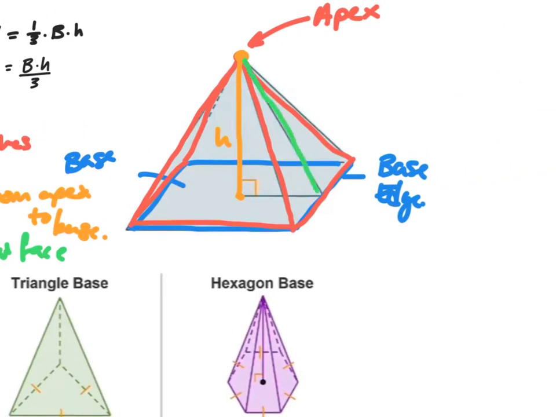One thing to notice is that there is a right triangle created with the height and the slant height, and I'm going to call the slant height L. That's usually what we call it. Sometimes you'll be given the slant height and a base measure and you have to figure out the height, and we're going to use this right triangle to do that.